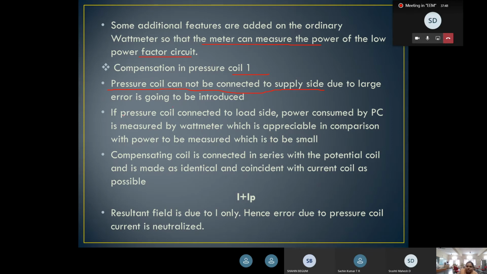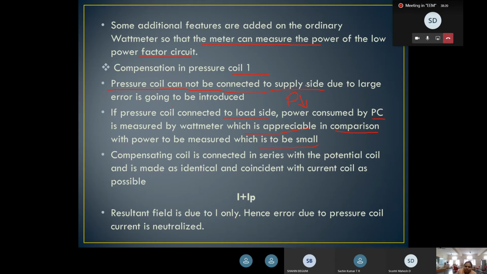That is the first point. Next, if the pressure coil is connected towards the load, the power consumed by the pressure coil, PC, is measured by the wattmeter, which is appreciable in comparison with the power to be measured, which is small. The power factor is going to be small, so our power should be small only.